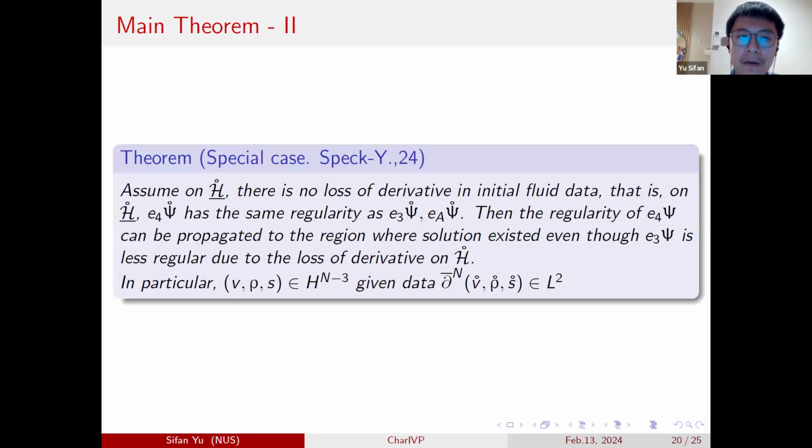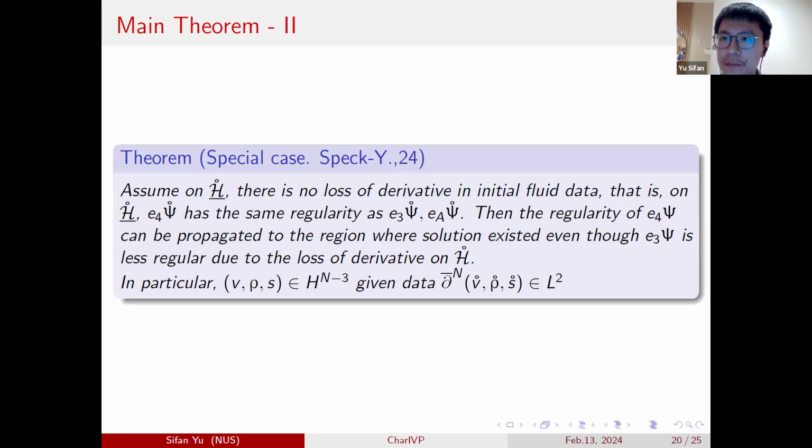In particular, if I can take n tangential derivatives of my initial data, plus the assumption that I can take n E4 derivatives on H bar, then I can have my solution in Sobolev space H to the n minus 3.